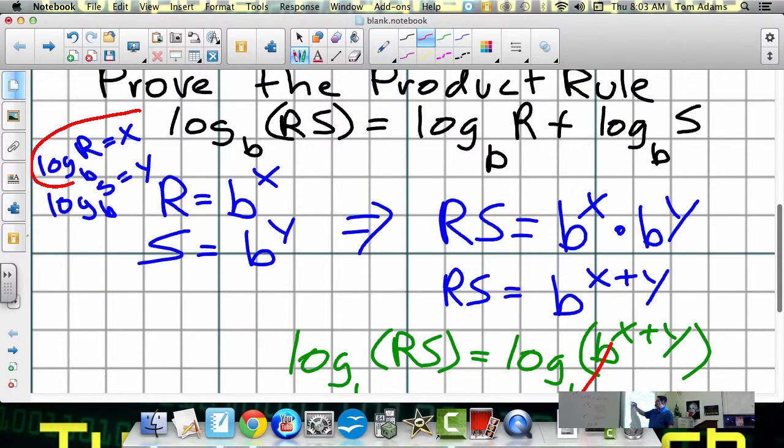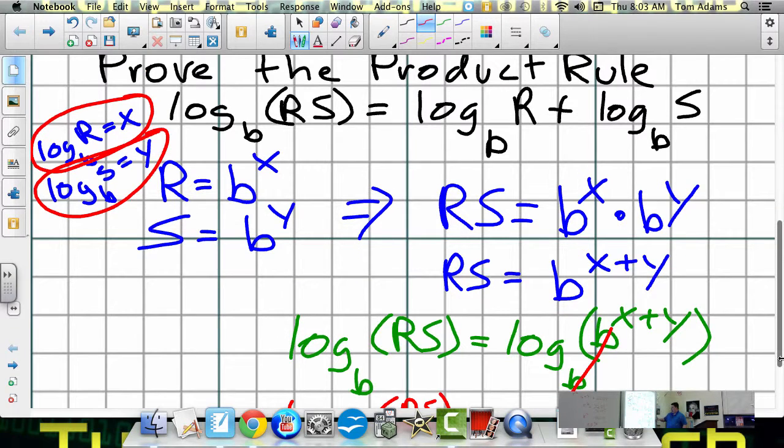Doesn't X equal this? And doesn't Y equal that? So if I come down here, what does that mean?